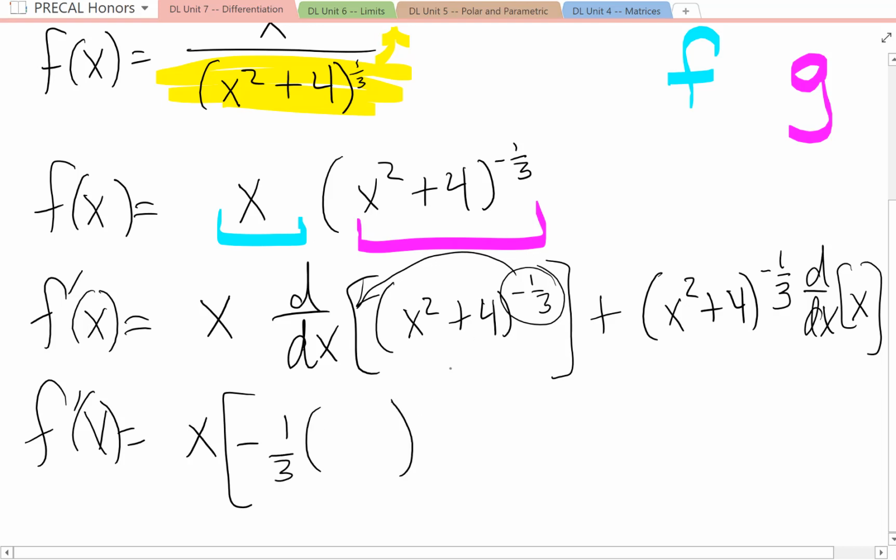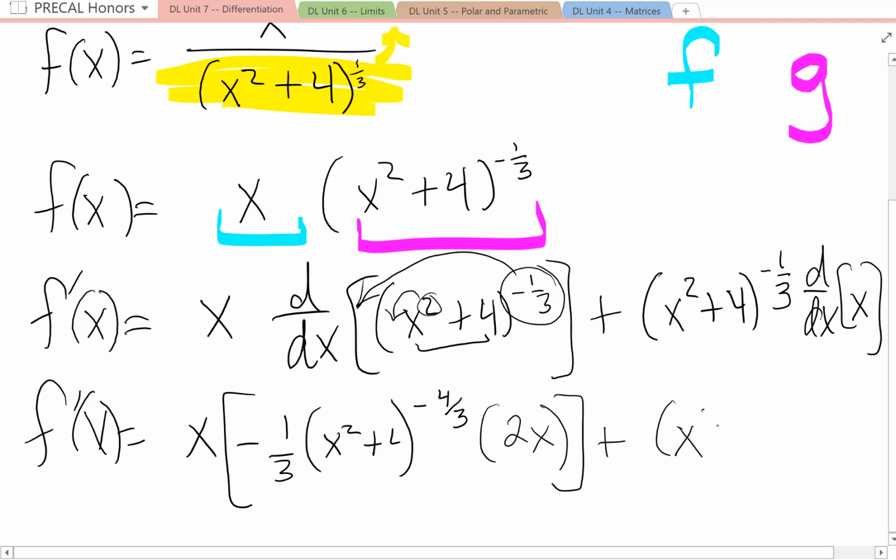I'm going to subtract 1 from negative 1/3. So negative 1/3 minus 3/3 is negative 4/3. Same thing on the inside, and then times the derivative of the inside, which is 2x plus 0, or just 2x, plus this quantity times the derivative of x, which is 1.